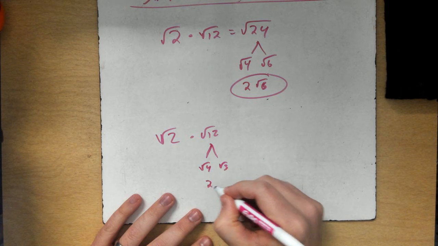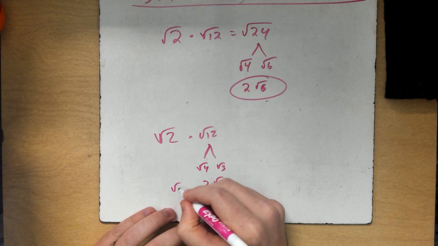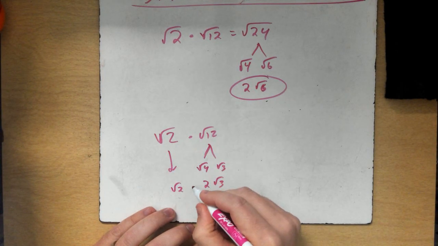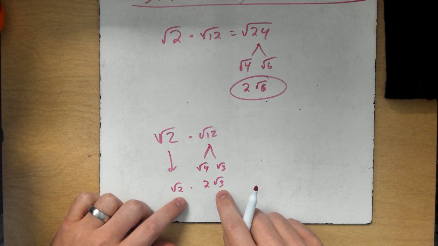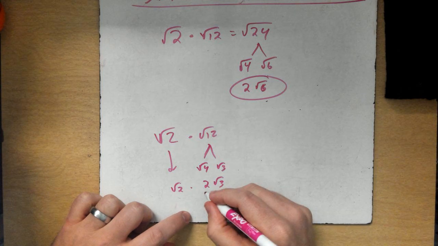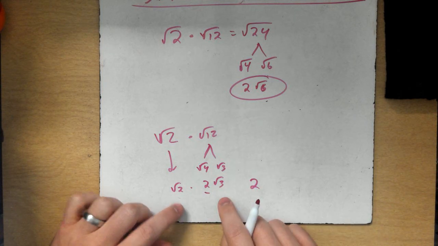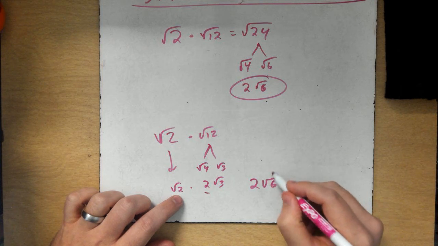Square root of 4 equals 2, times square root of 3, and now we have this. If I bring down my square root of 2, now I can multiply what's in the radicals, my 2 and 3. My 2 here is on the outside, so that's going to stay on the outside, and then I can multiply 2 and 3 on the inside to give me 6, okay?